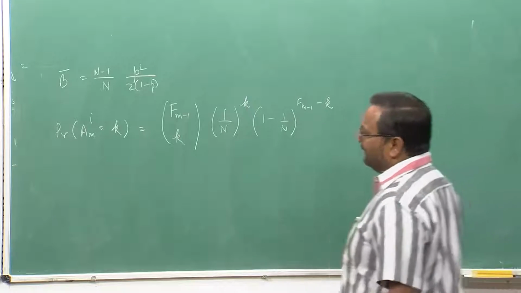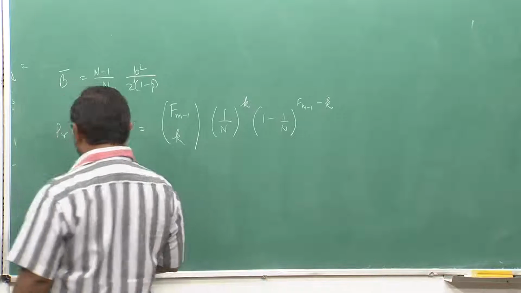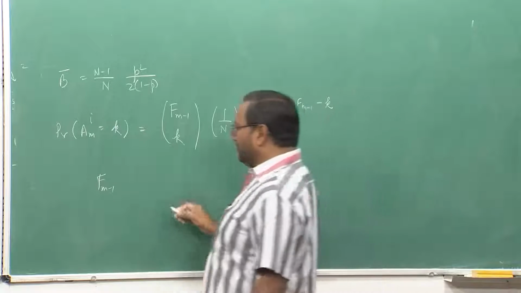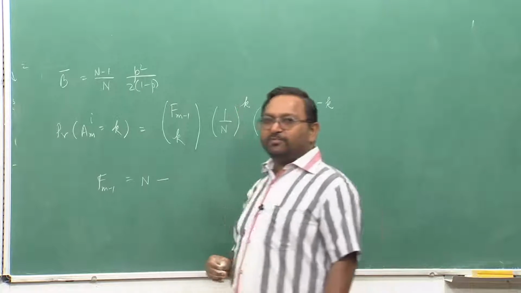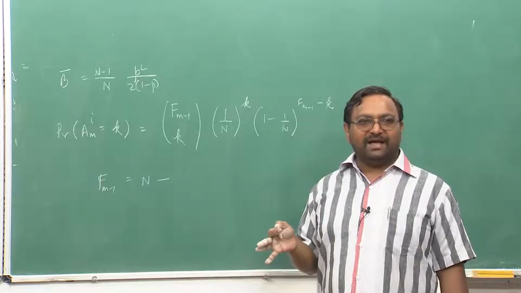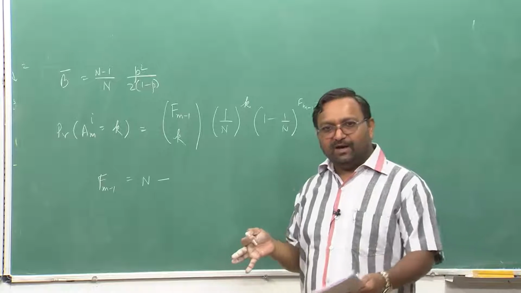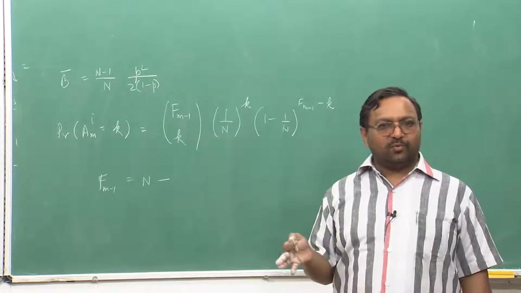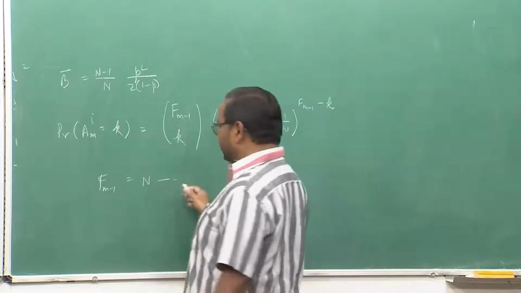Now what is Fm minus 1? These are the total number of free slots at the end of the m minus first slot. So this should be n, the total number of incoming ports, minus whatever are already occupied. So Bm minus 1 I is the occupied head of the buffers at the input side for an output port I. If I sum it over all outgoing ports and take the difference, I will get this value.